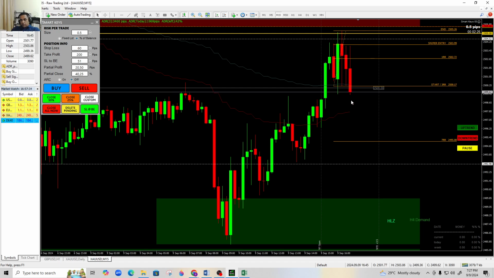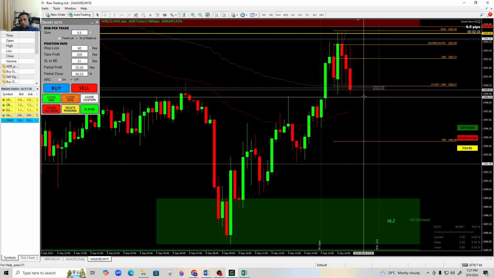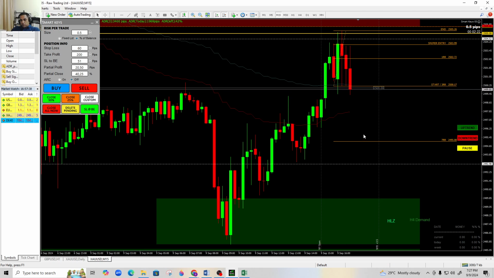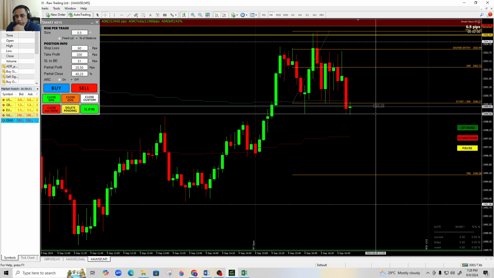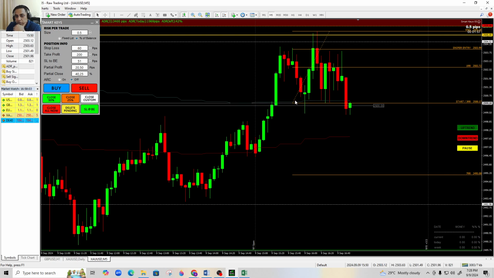So we got 2.5 minutes for this candle to close. It's very likely that we continue down, or the H4 candle creates a top wick back to this area of 2502.75, and then we continue down. Because if you go down to the M5, you see there is a small supply zone right there that has kind of broken this demand zone.